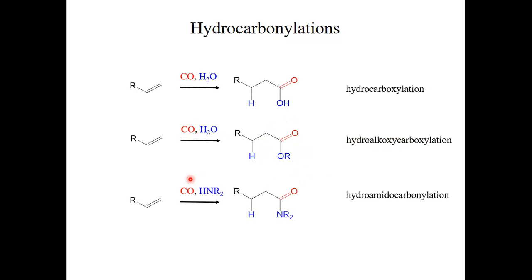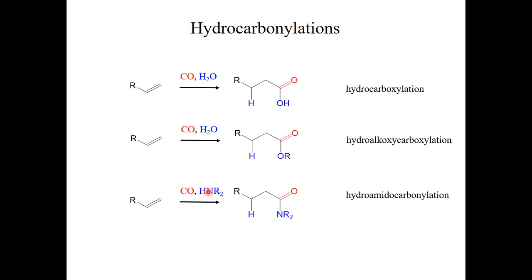And lastly, you can also replace the hydrogen by an amine, and then you have a so-called hydroamidocarbonylation, and this produces an amide from an alkene, carbon monoxide and the amine.